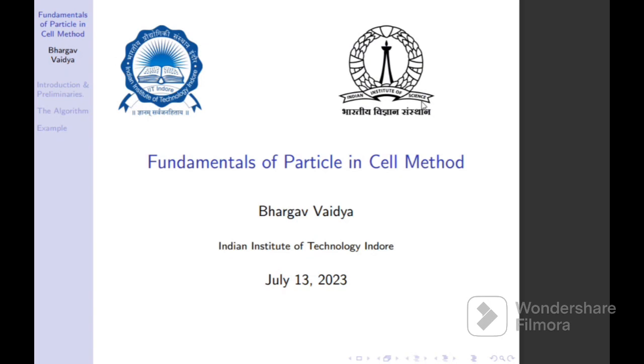Then you cannot treat them as collisional systems. They become collisionless. In such systems, you cannot treat them as a continuum. You cannot take thousands of electrons and call them one entity. You have to treat those 1,000 electrons as 1,000 separate entities, and you have to solve them separately.